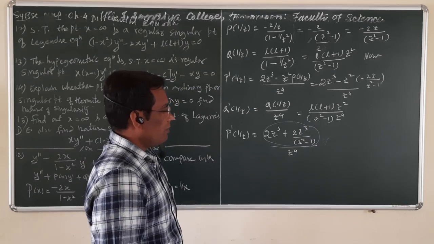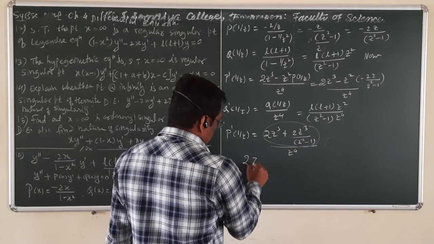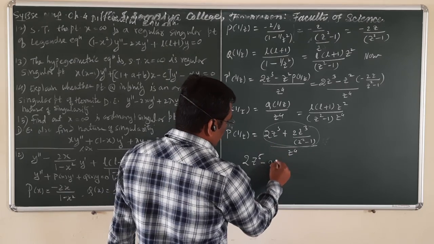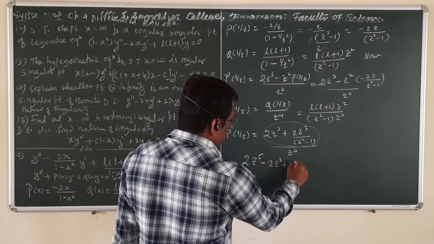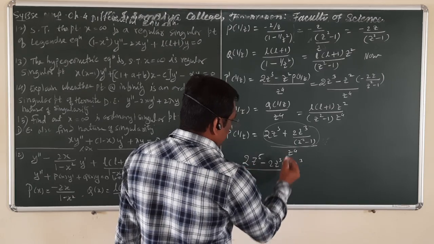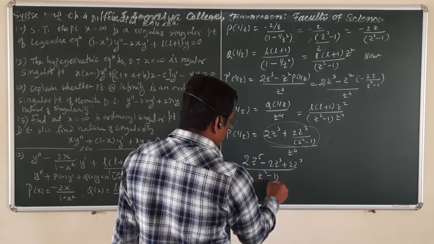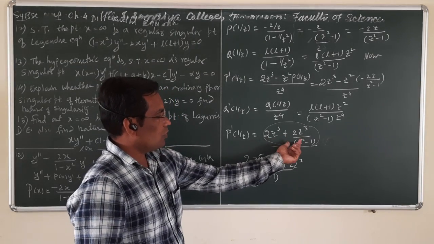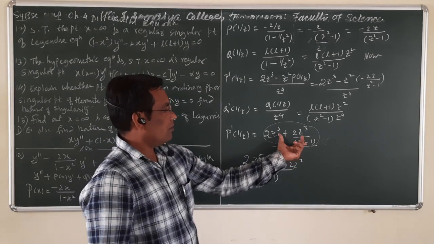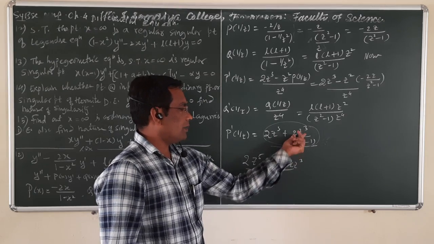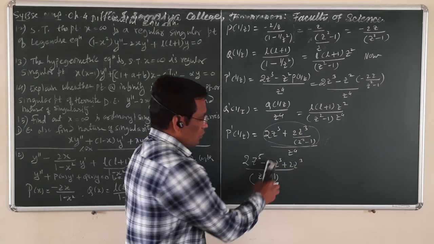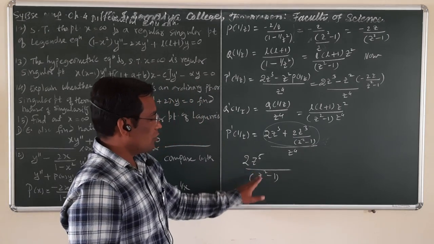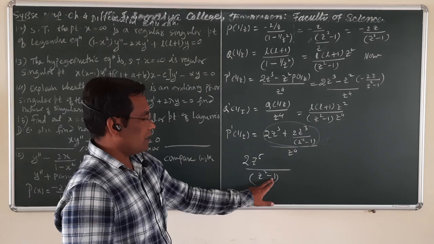What will it become? 2Z raised to 5 minus 2Z cube plus 2Z cube, divided by Z square minus 1. Now this 2Z raised to 5 minus 2Z cube and plus 2Z cube, these two terms will cancel each other, and we end up with 2Z cube divided by Z square minus 1.